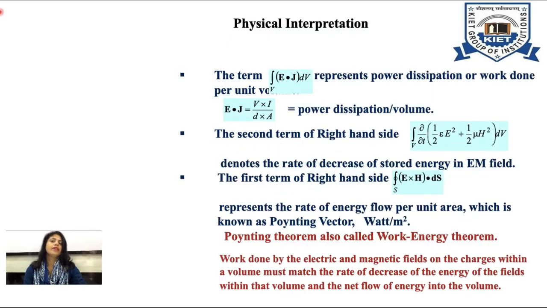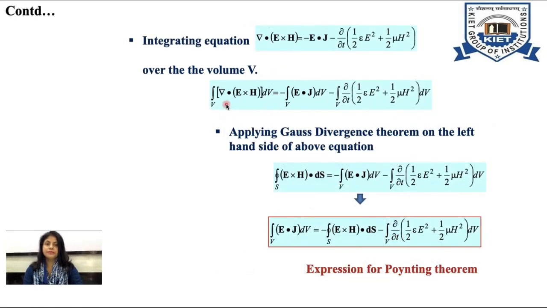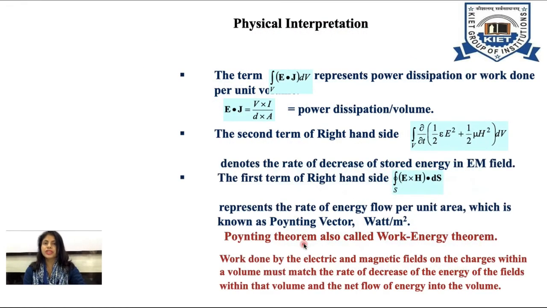Now the physical interpretation. The first term is volume integration of E dot J into dV.